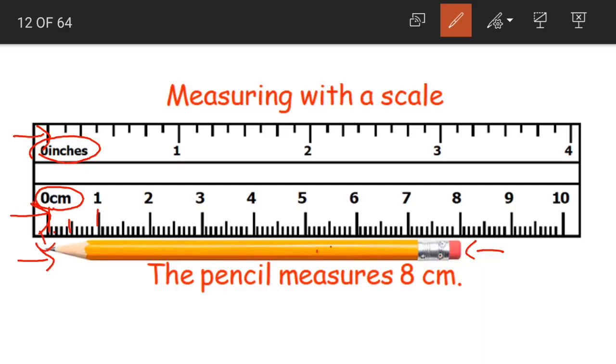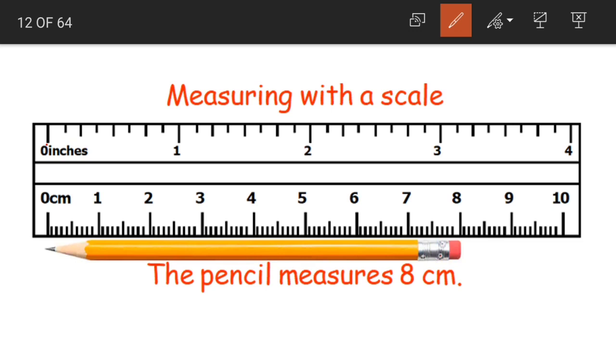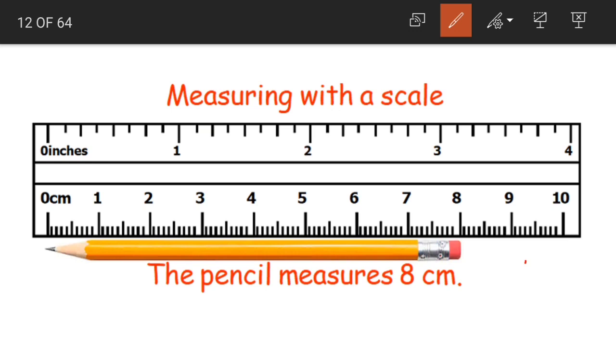If you want to measure the length of something in inches, understood, in inches. Again, inches is also another way of measuring. Okay, children. Now see, if you want to measure in inches, then you have to place your pencil here. So the first step is to place the given object along the edge of our ruler or scale.